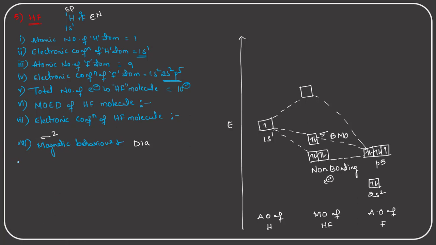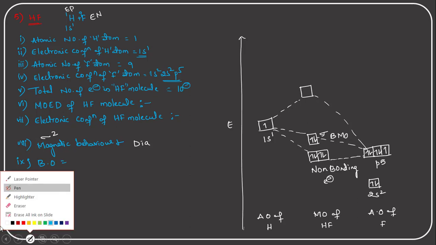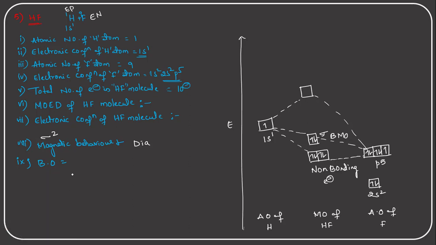And the ninth point is the calculation of bond order. How to calculate the bond order? The formula is the number of electrons present in the bonding molecular orbitals minus the number of electrons present in the anti-bonding molecular orbitals, divided by 2.